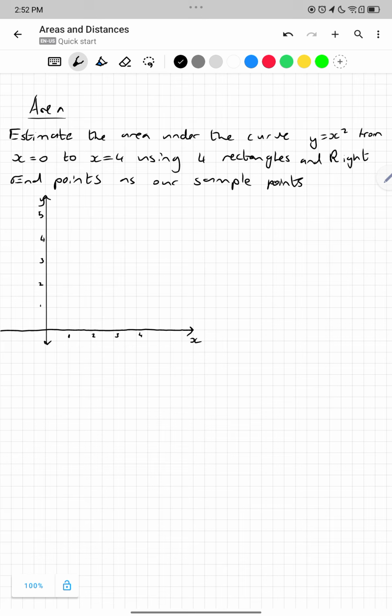Since it's until 4, we'll need 16. So let's see, 1, 2, 3, 4, 5, 7, 8, 9, 10.